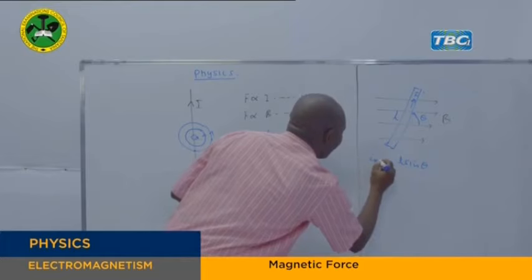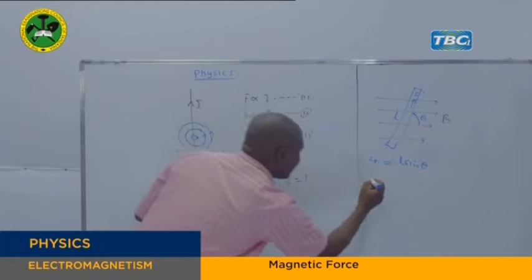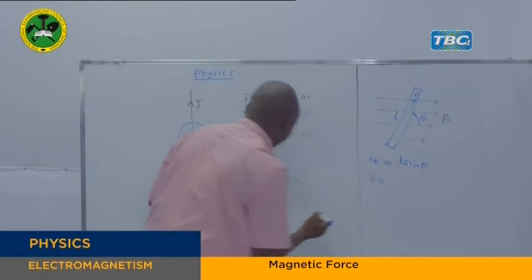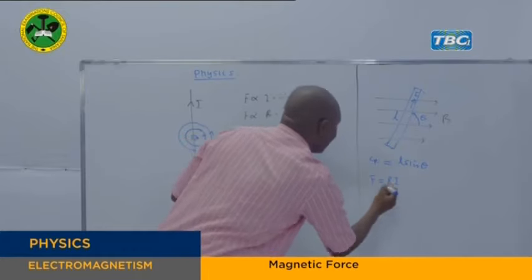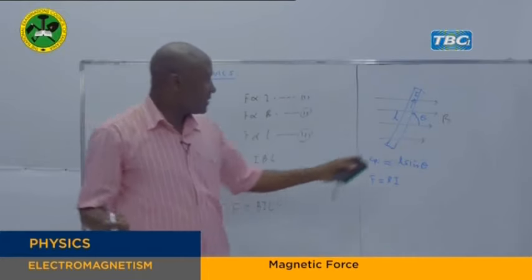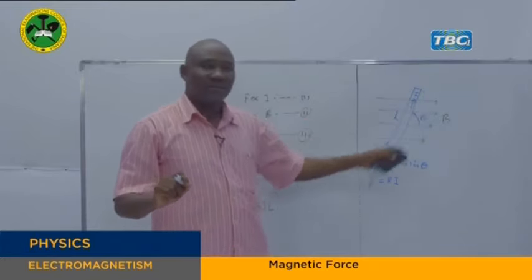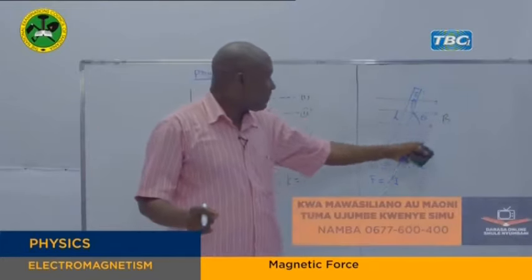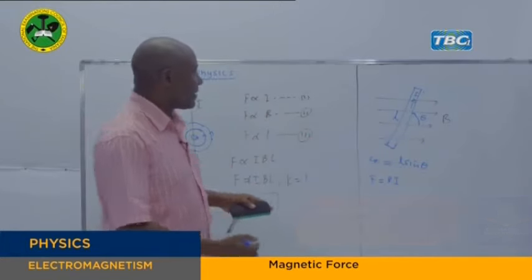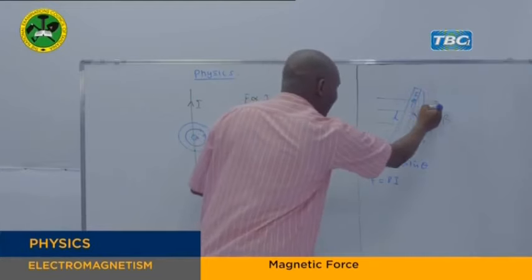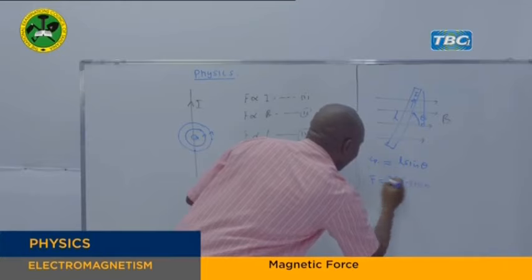So applying the force now, force equals B times current times the length. The length of the conductor which is perpendicular to B is only a small portion of the length, L sine theta.